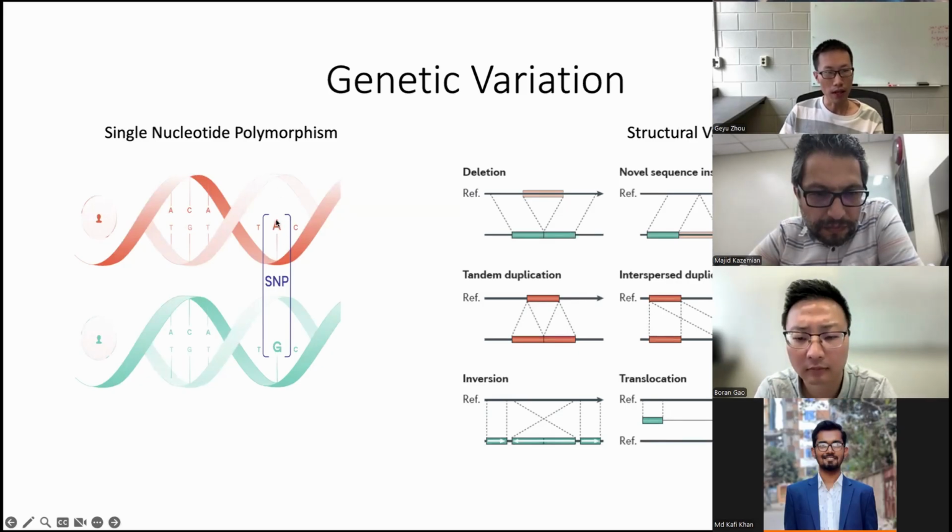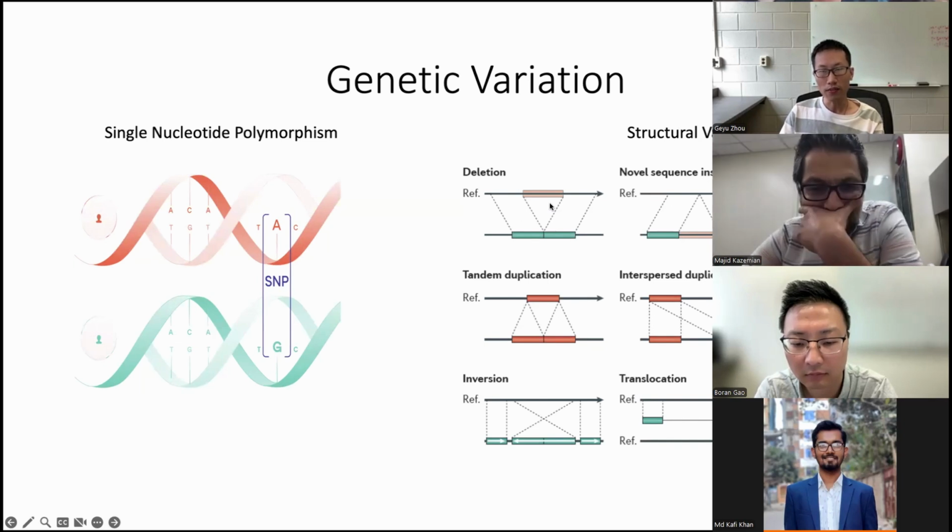For example, I may carry the allele A here, and other people may have the allele C or G. Structural variations are more complicated. They typically involve more than one base pair. For example, we have deletions, insertions, duplications, inversions, or translocations. In today's talk, I'm going to mainly focus on the study of single nucleotide polymorphisms.